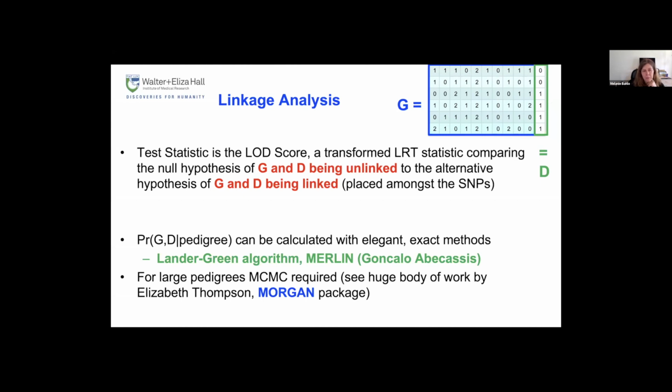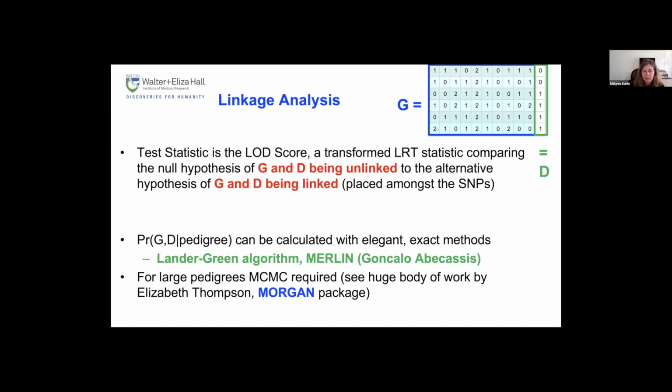And that gives you a very powerful, classical statistical test statistic to score the relationship between your affectedness status and all your genotyping data to try and map the location of the disease locus. So the likelihood is really a probability calculation of the genotyping matrix G and the vector D, which describes the affectedness status, conditional on your knowledge of what the pedigree structure looks like. So you are told exactly how the individuals relate to each other according to a pedigree that they're given.